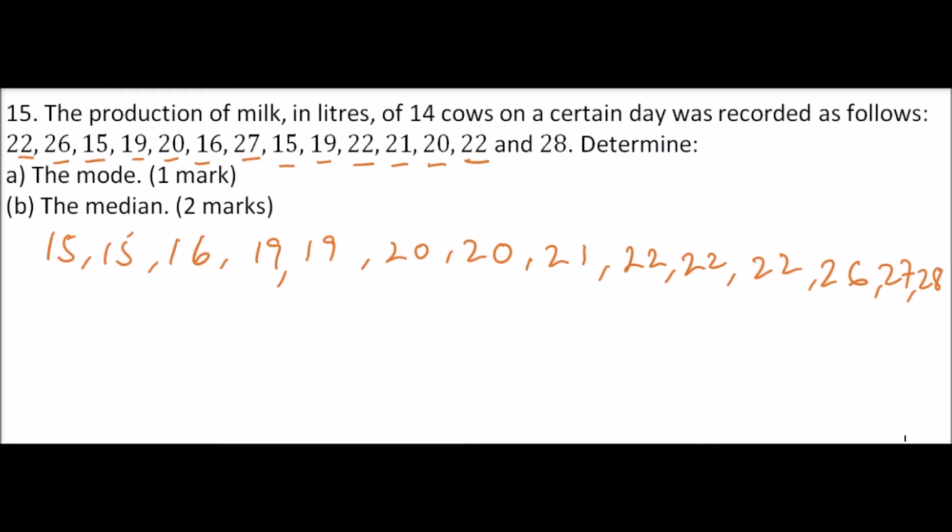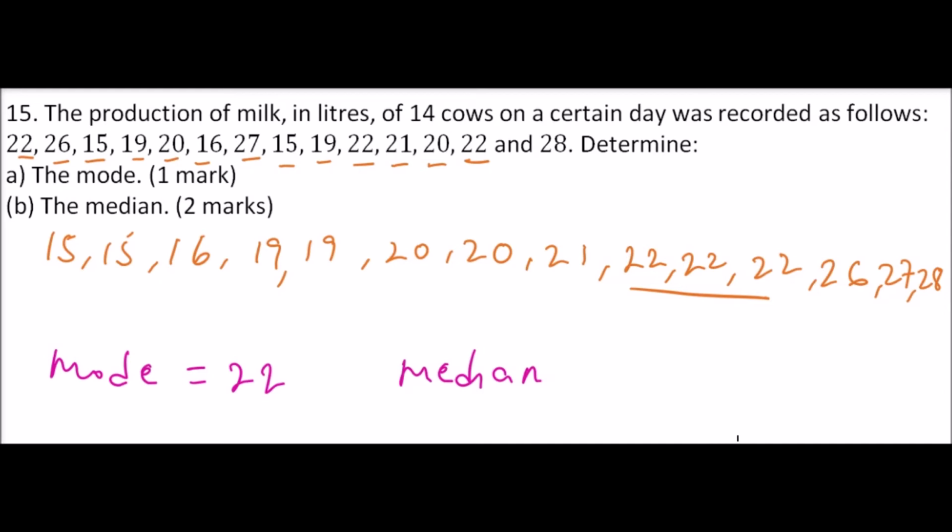So if you want to check the mode, you can see 22 appears most of the time, 3 times. So mode is a value that appears most of the time, so mode is equal to 22. Then median is the value or values at the middle.